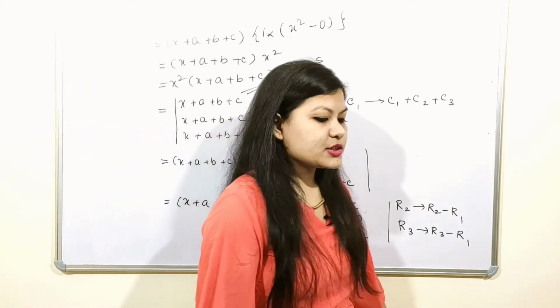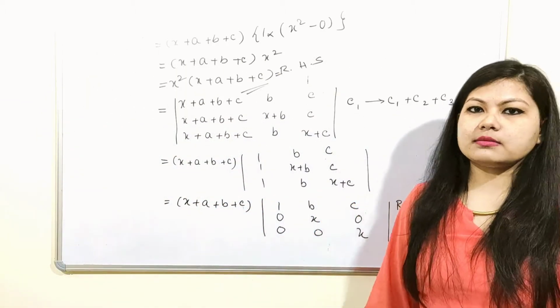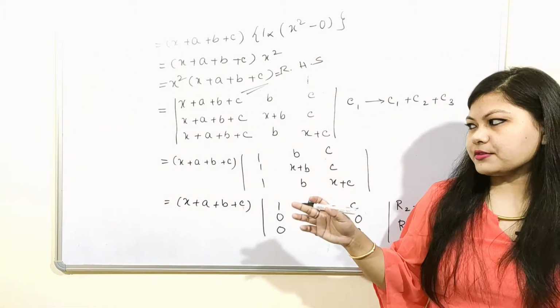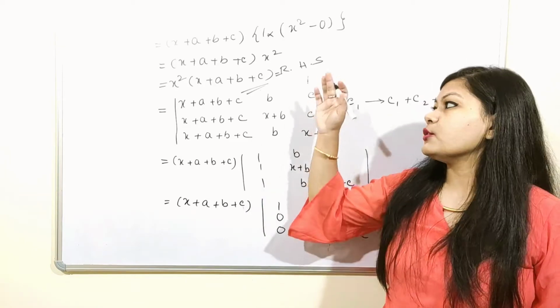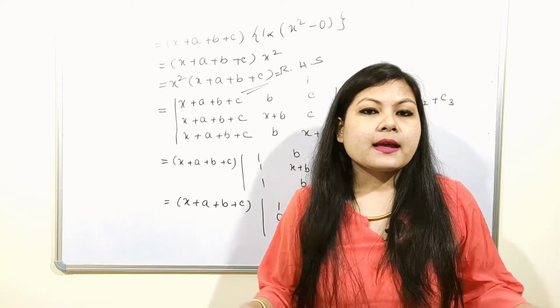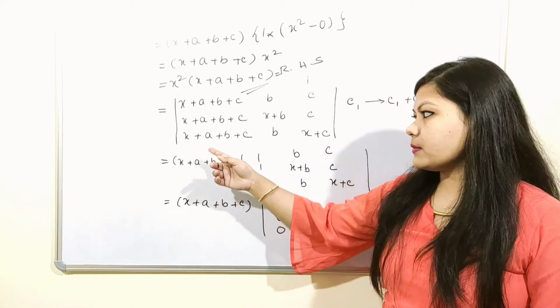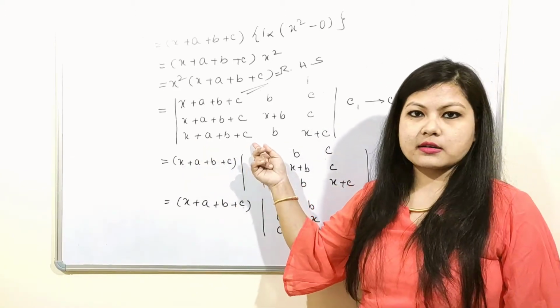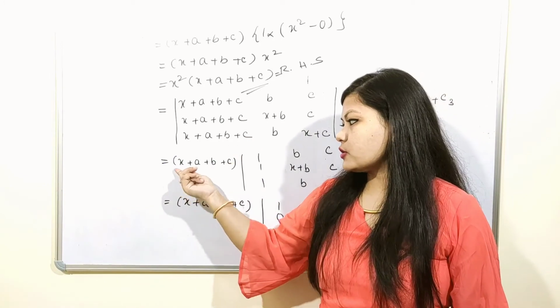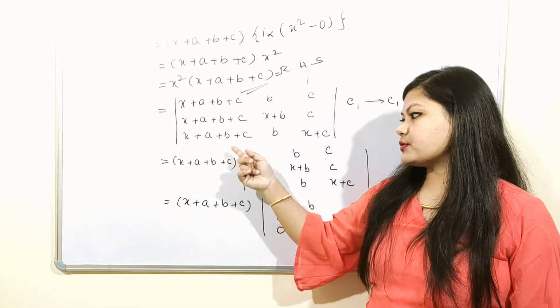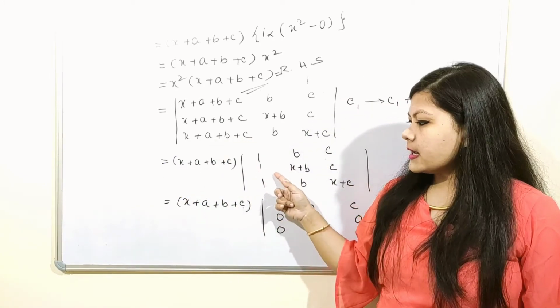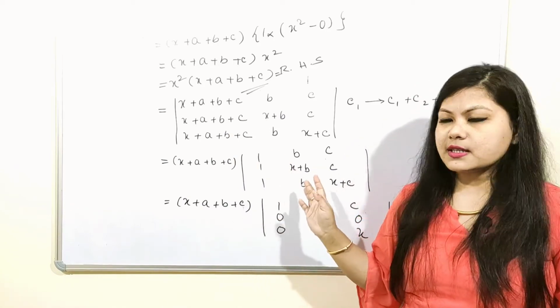So in this way, by using properties of determinants, we arrive at the value of the right hand side. Here we have used the property that whenever we get a common factor, we can take it in front of the determinant and write down the remaining values.